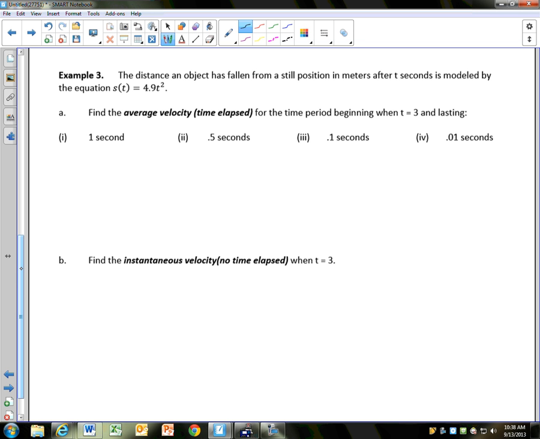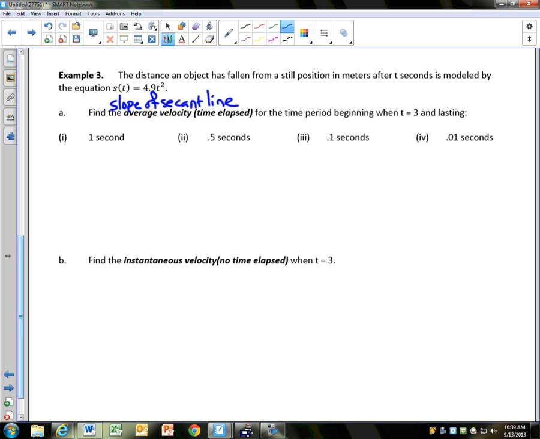It says find the average velocity, or slope of the secant line, for the time period beginning with t equals 3 and lasting a certain number of seconds. Okay? So here's the deal. Anytime your book says average velocity, it's referring to the slope of the secant line.